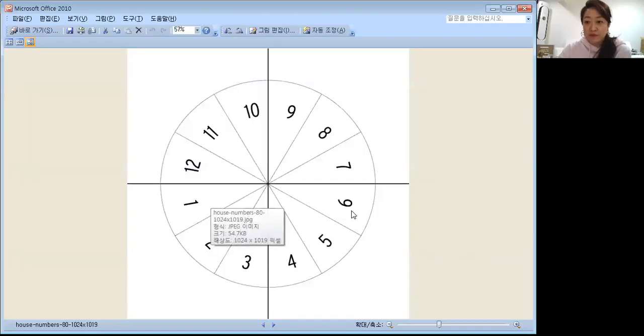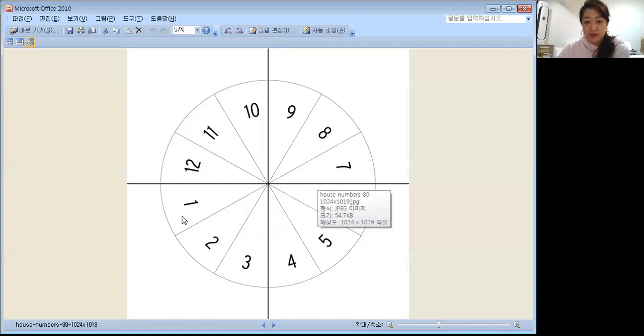All right, so let me show you in a very easy to understand form what the houses are. Okay, so I'm just going to focus on the number of the houses. Okay, so as you can see, again, you've got this quadrant going on here.